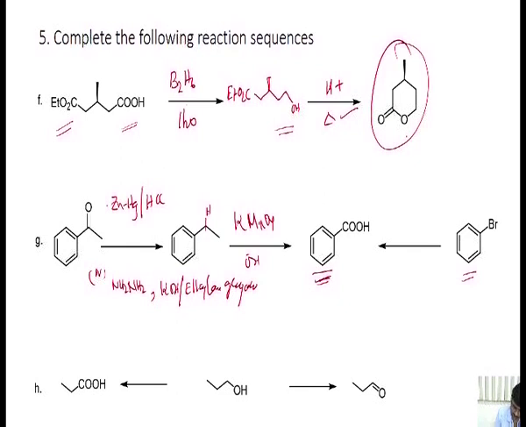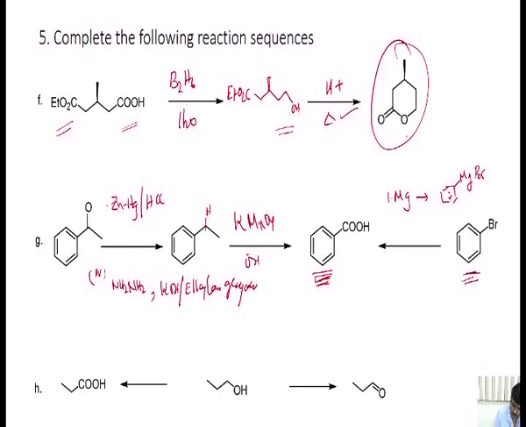The benzoic acid also can be produced from bromobenzene. It involves two-step reaction. First, you have to react with magnesium to give Grignard reagent.